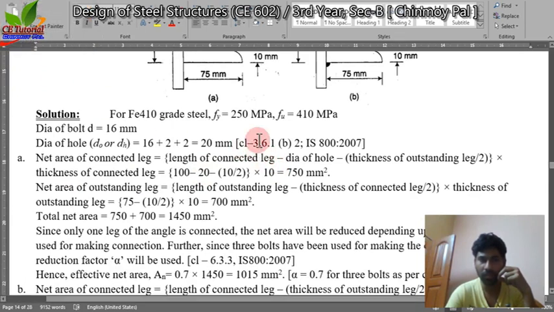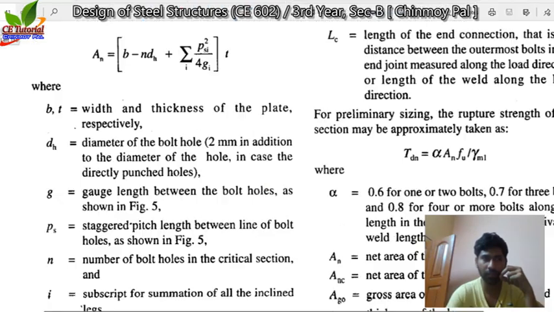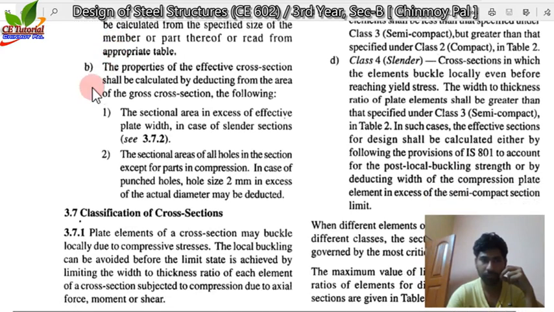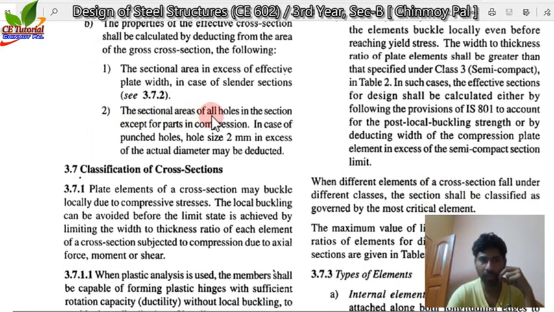You can see clause number 3.6.1 B2. The sectional area of all holes in the section, except for part in compression, in case of punched holes, hole size 2 mm in excess of actual diameter may be deducted from the plate.